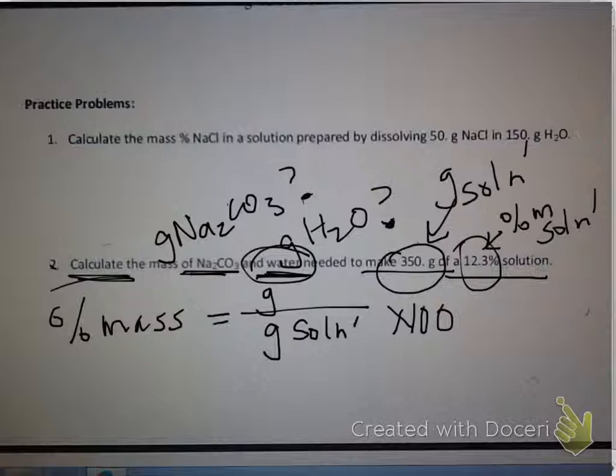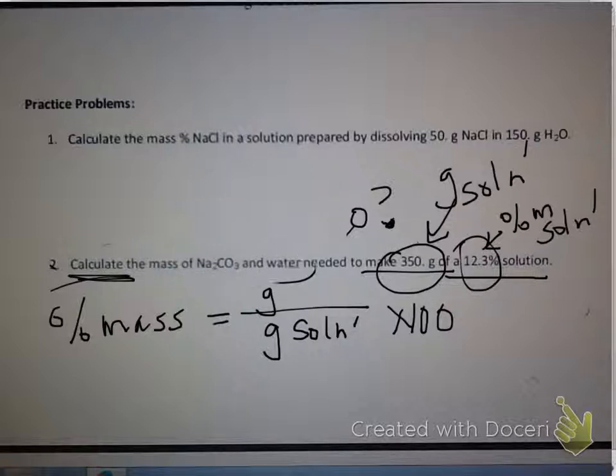Water is typically the solvent. Sodium carbonate is a solid. It's an ionic compound. They are solids most of the time. So the water is the liquid. It is the solvent. This is our ionic solid. It's our solute. And the water is our solvent.